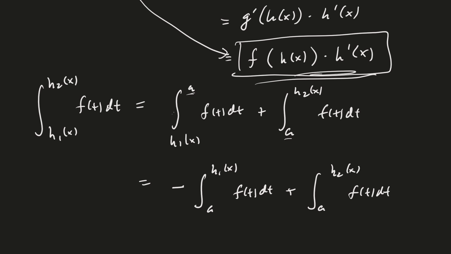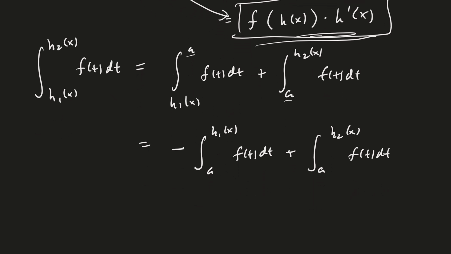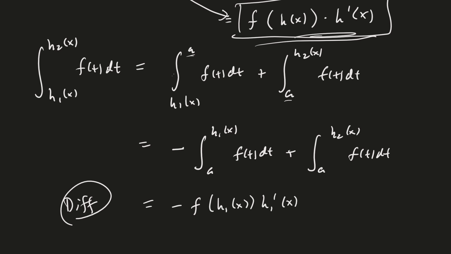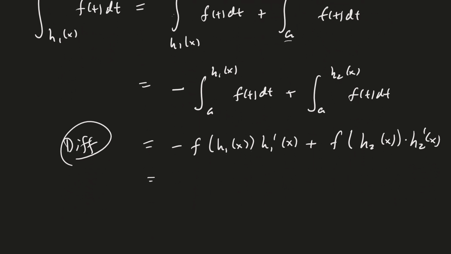And now both of these are set up for derivative. So if I differentiate, the derivative is going to be minus f of h1 of x times h1 prime of x plus f of h2 of x times h2 prime of x. Normally we would write these in a different order.